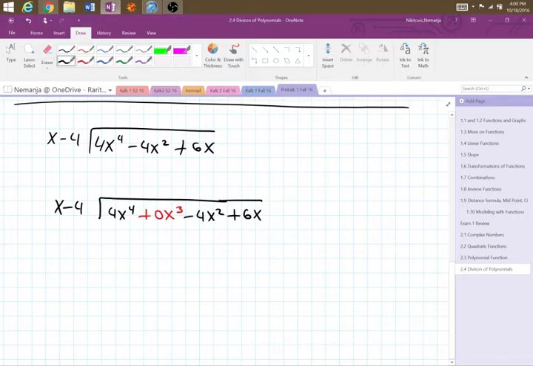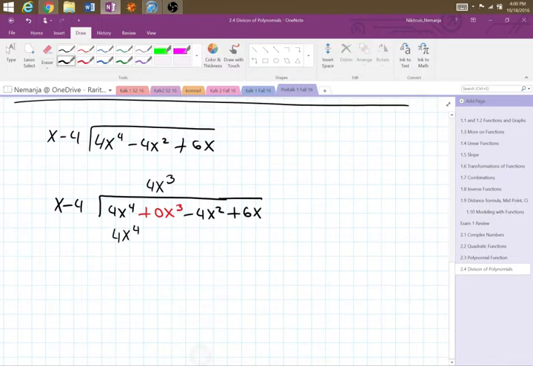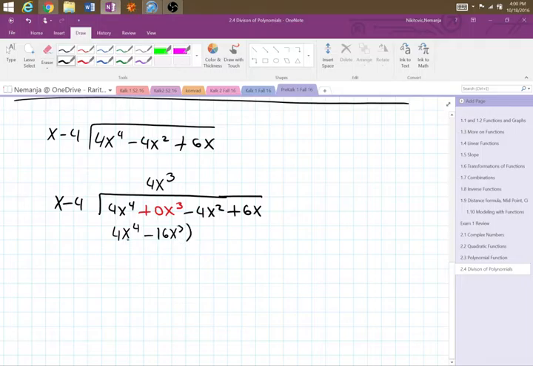All right, let's go. X goes into 4x to the 4, 4x cubed. So we have 16x cubed minus 4x squared.